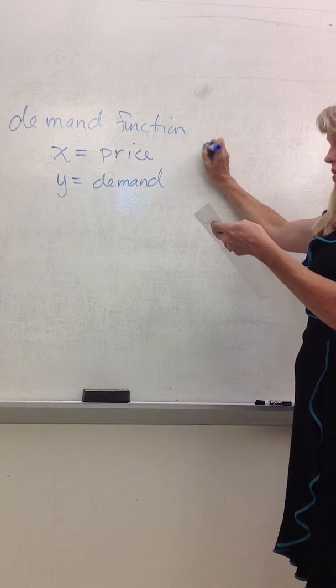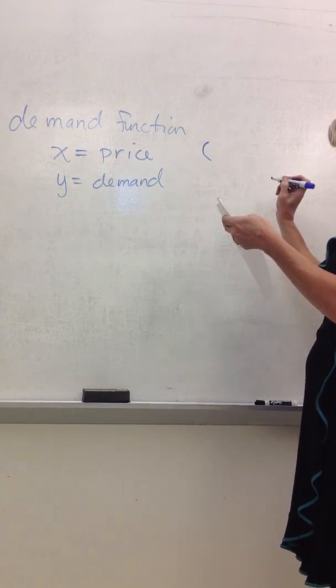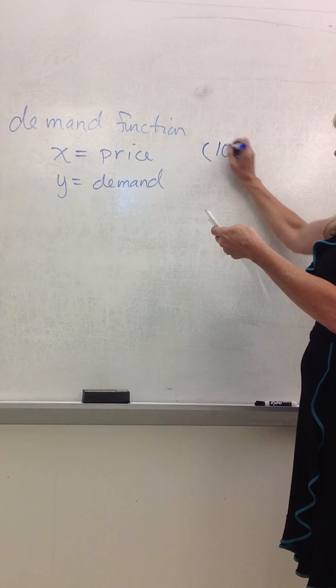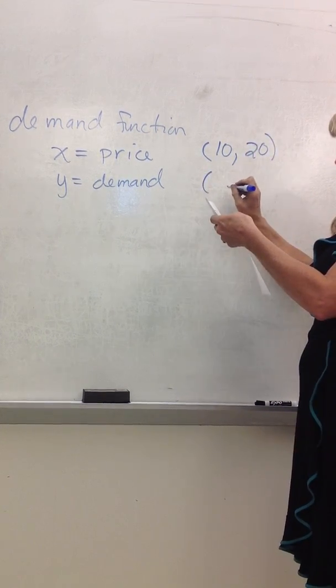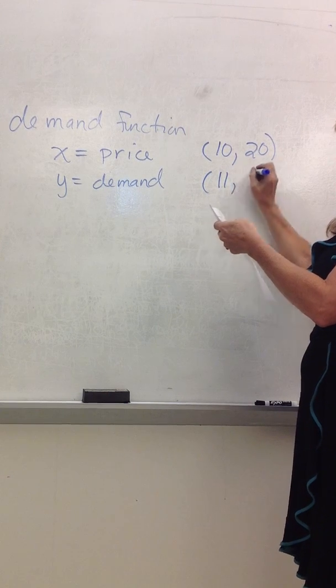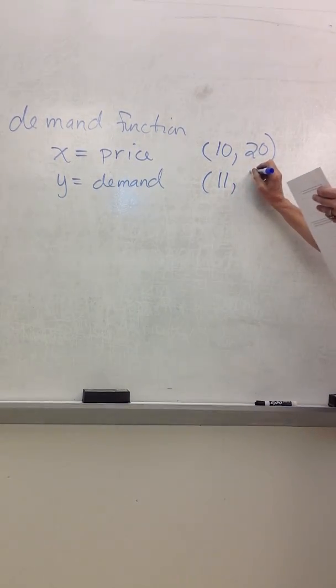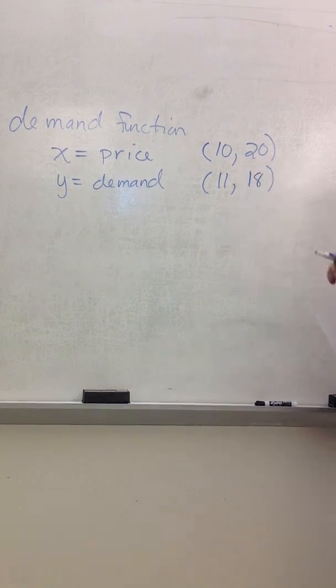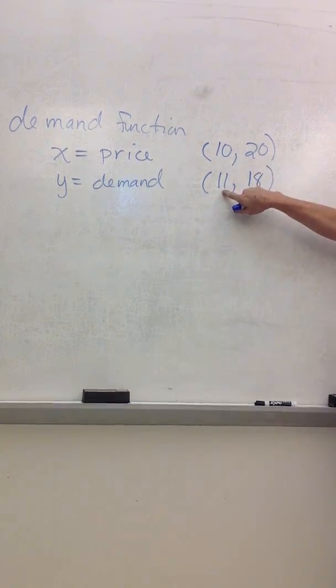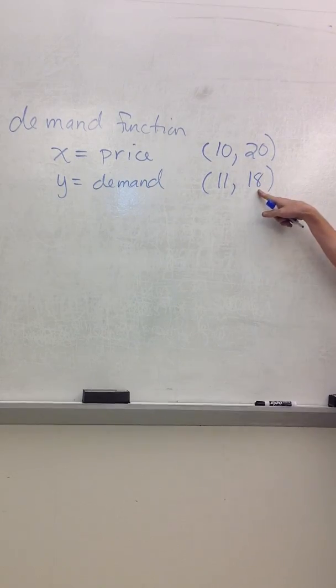So a couple of points we know are on this line are $10 and a demand of 20, and $11 and a demand of 18, exactly. So when I increased my price by $1, the demand went down by 2.